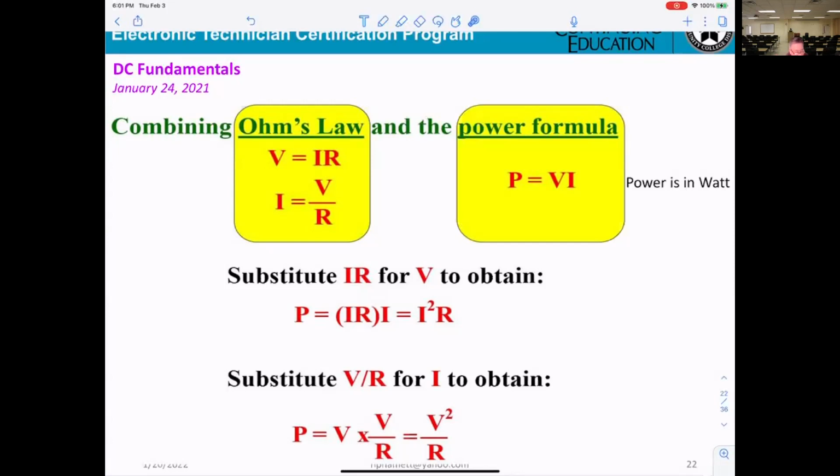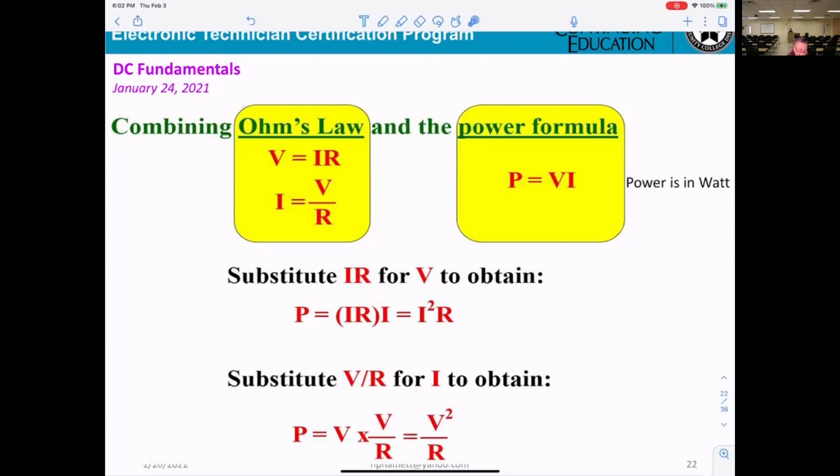If you touch the front of the light, you feel hot. What happened? Basically, it's converting electrical energy into heat. That's why you can see it's warm, a little hot. That's what they call power dissipation through the resistor, and here is the formula to calculate it.